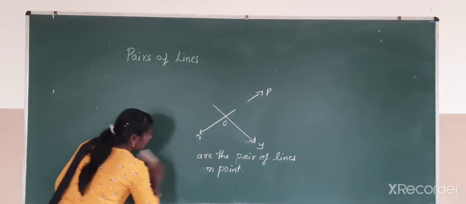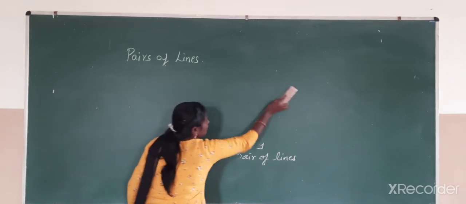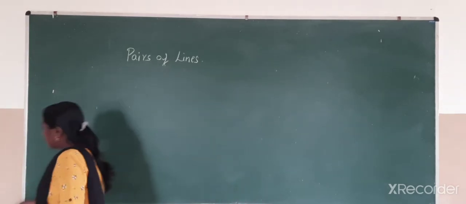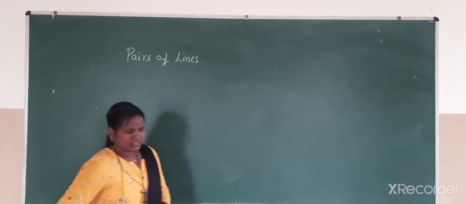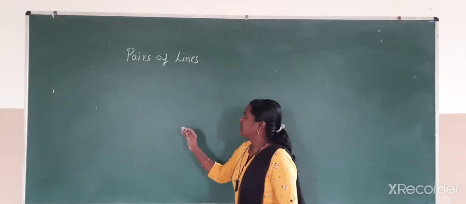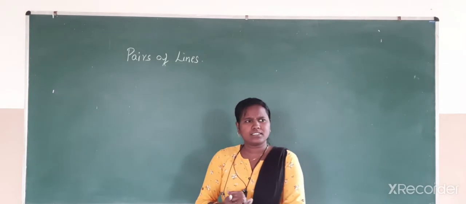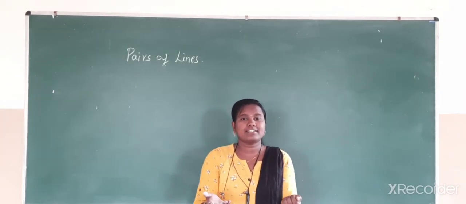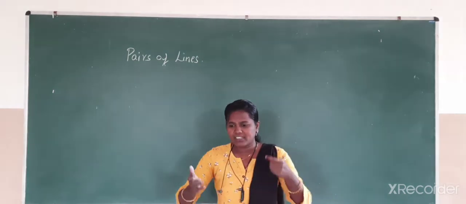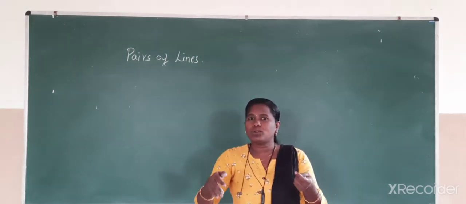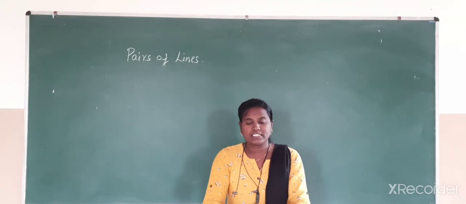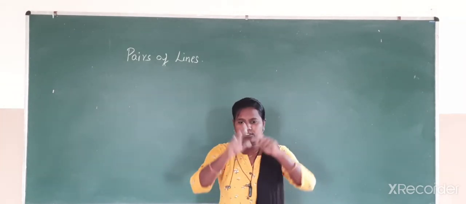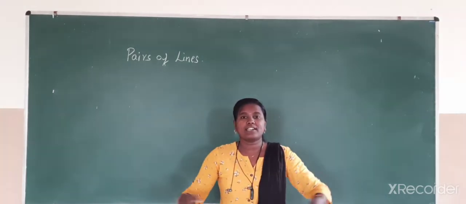Are there any examples around us that indicate intersecting lines? Yes, there are intersecting lines. Which are those? If you take a blackboard or any writing board on a stand, those are intersecting.